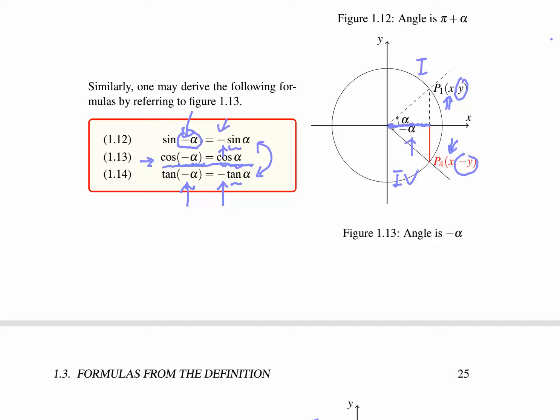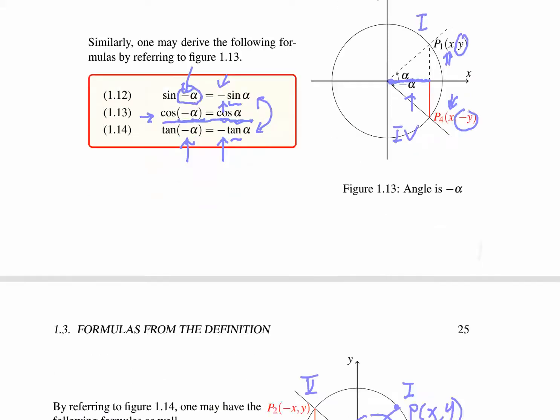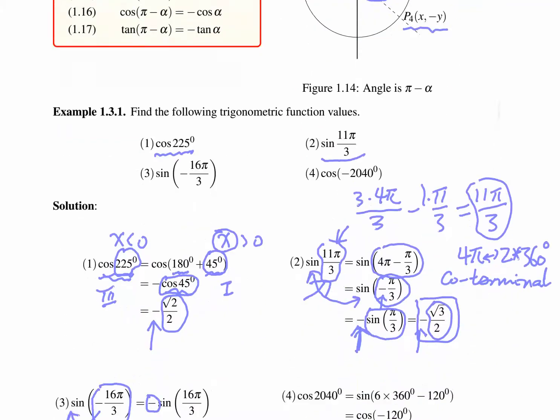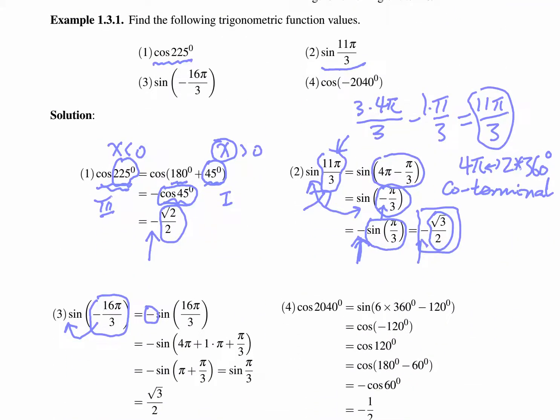Now, we go back and continue on example 3 here. So, the negative sign is out, and then we know 16 pi over 3 is actually equal to this one.